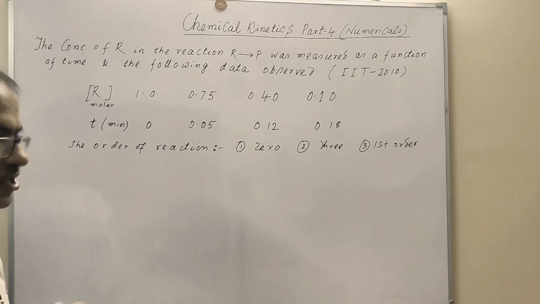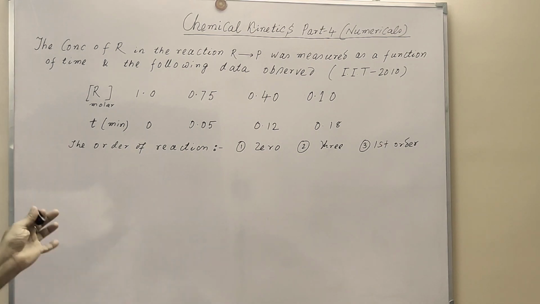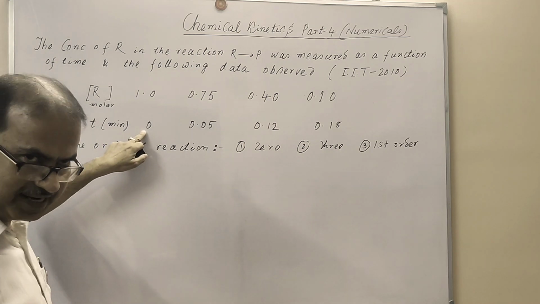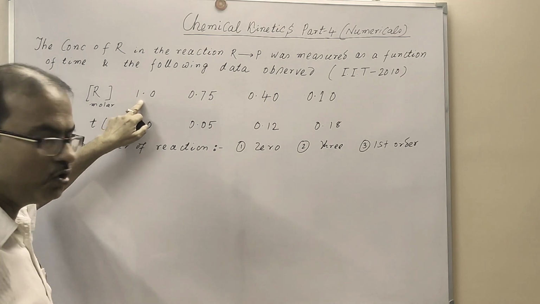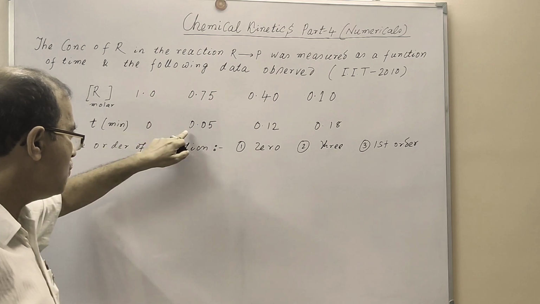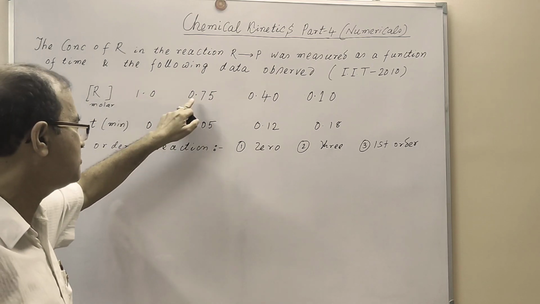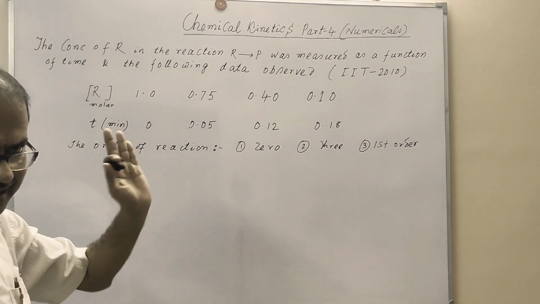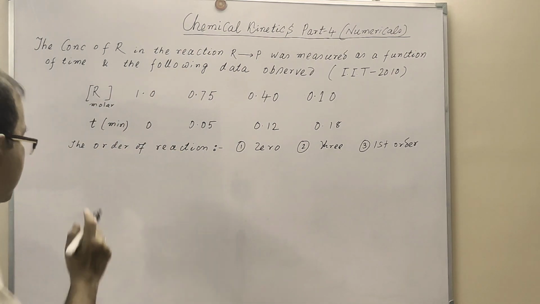So we can see that we started with an initial concentration of 1 molar. When it is 0.05 minutes, it became 0.75.